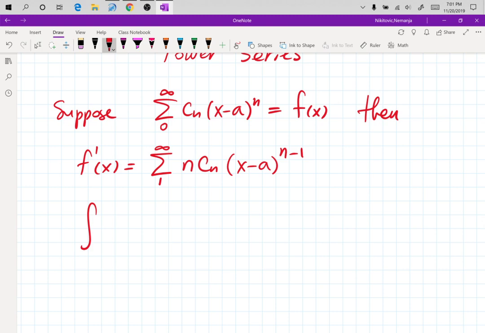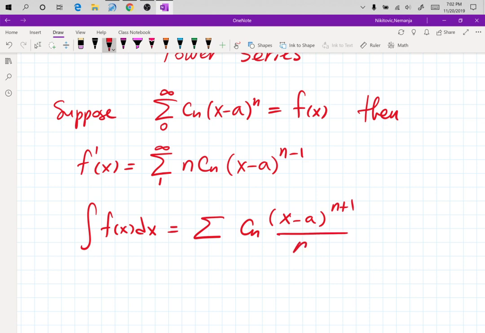The integral of f of x dx would be the summation of ck times x minus a to the n plus 1, divided by n plus 1, plus c.